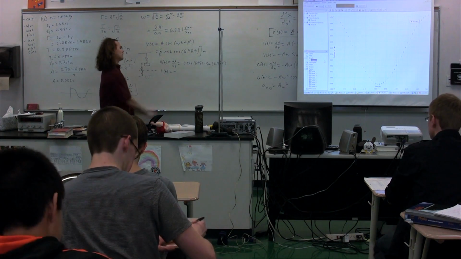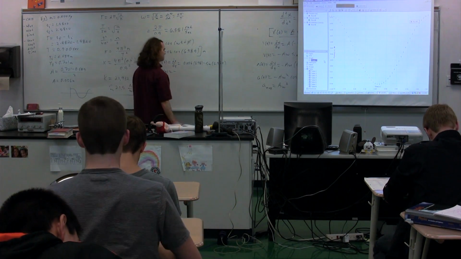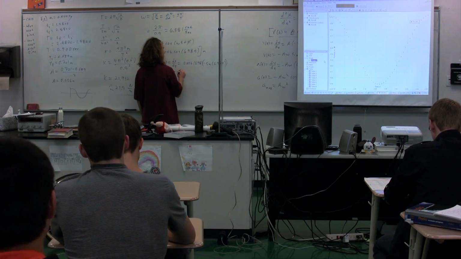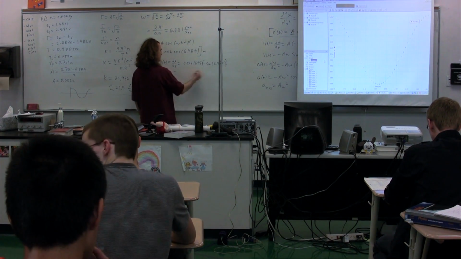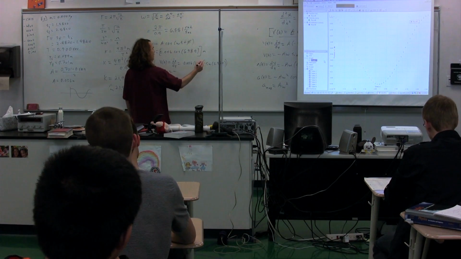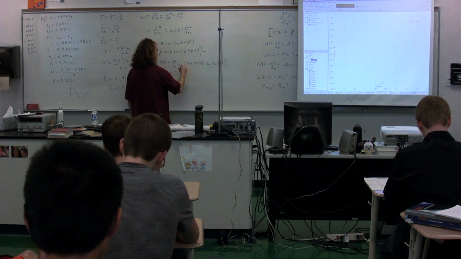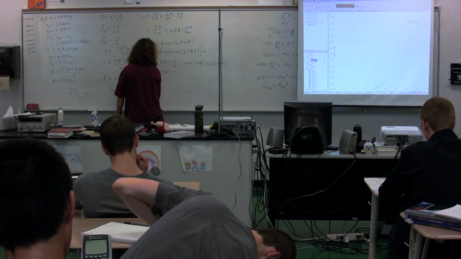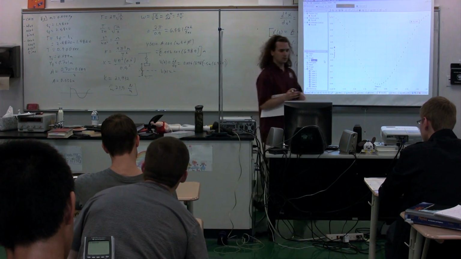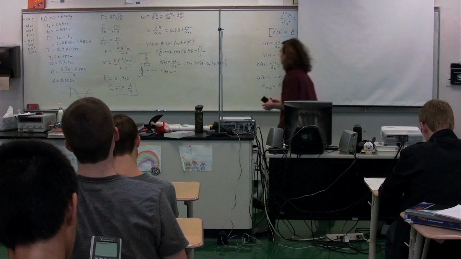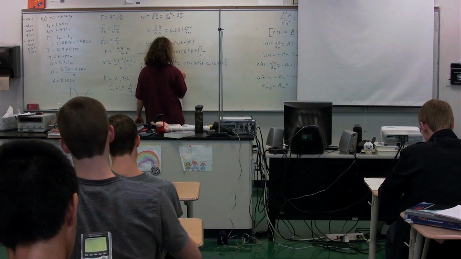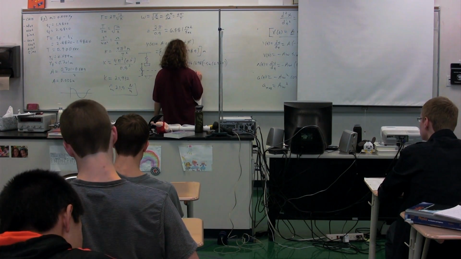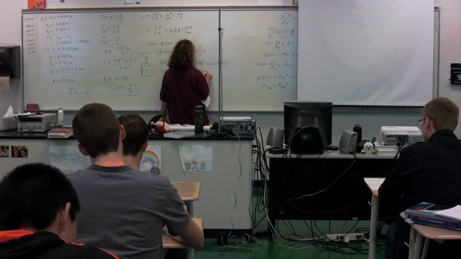So the velocity is 0.056 times 6.98. 0.39088, times the sine of 6.98t.